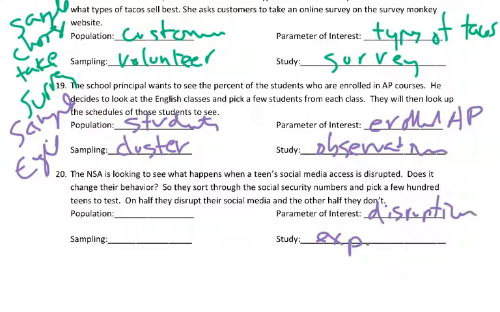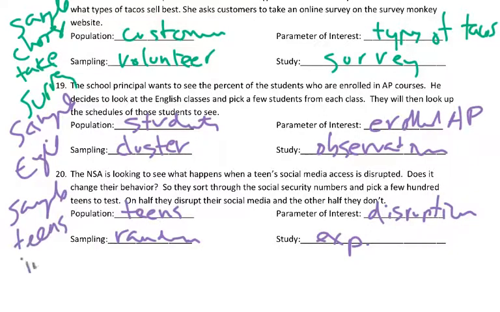Does it change their behavior? Okay, the sampling method here is just a simple random. There's no methodology to it, so they're just going to randomly do that. The population would be teens, and the sample would be the teens in the experiment.